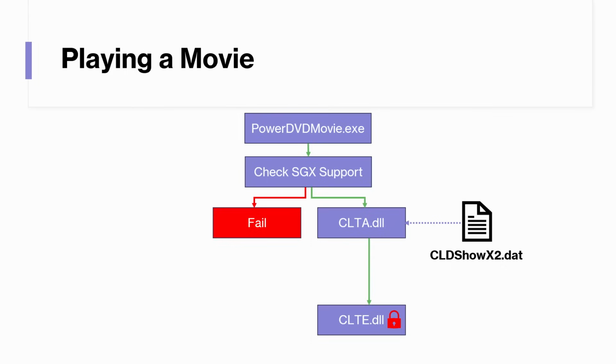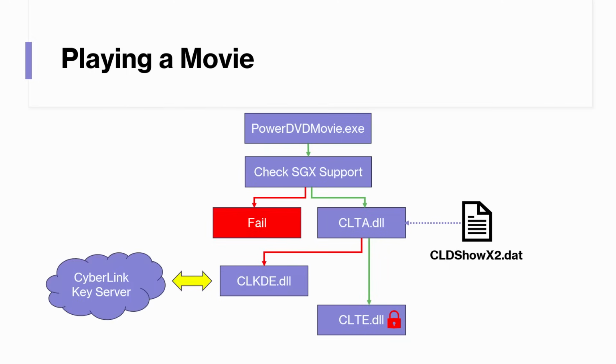Now, if it exists, we can go and load CLTE directly, but if not, we'll actually have to download the keys into the platform. So then we load CLKDE, which will go and talk to the Cyberlink key server to securely provision the keys. And if something happens and it fails and we can't get keys, again, we must fail, since there's nothing else we can do at this point without keys.